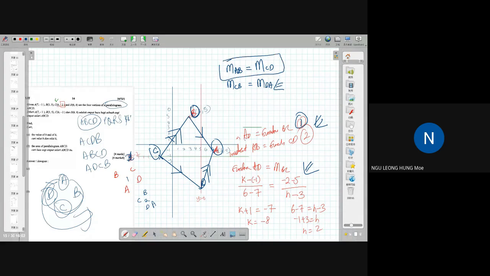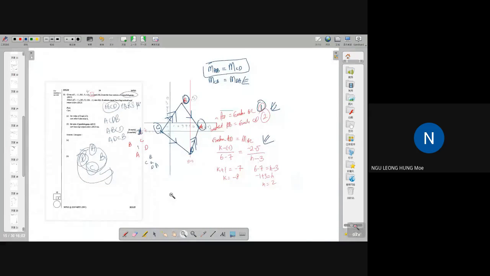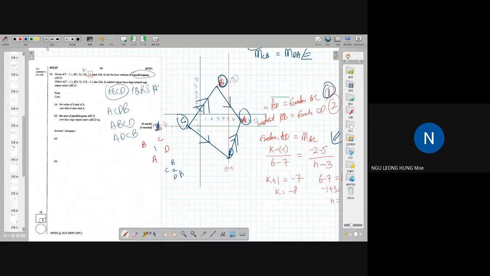Saya guna gradient untuk AB and gradient untuk CD. Gradient of AB equal to gradient of CD.